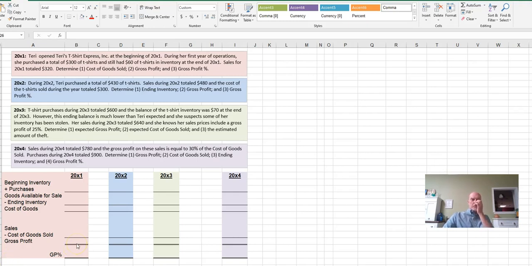So what I've got here is a scenario where somebody is opening up a t-shirt business. They open up in year one, 20x1, and then they operate for 4 years. What I'd like you to do is go through these 4 years, fill in the spaces down here with the information that I give you, and then, using your understanding, find the missing pieces.